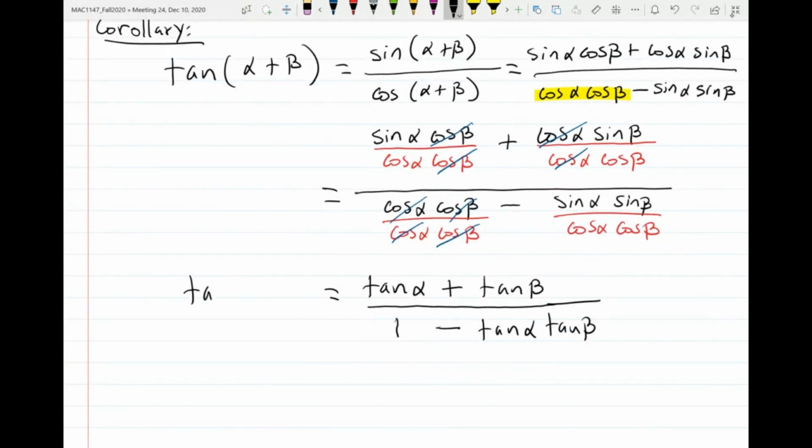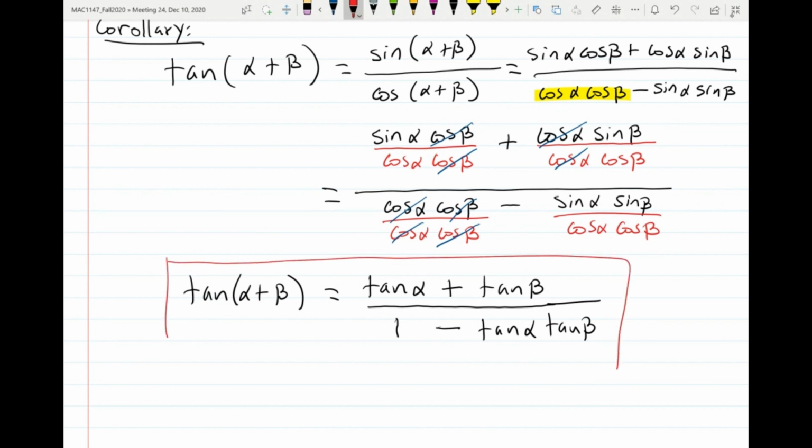In other words, the tangent of alpha plus beta equals tangent of alpha plus tangent of beta over 1 minus tangent of alpha times tangent of beta. And that's a nice little formula in terms of tangents. Questions? We're going to see an application of this pretty soon.